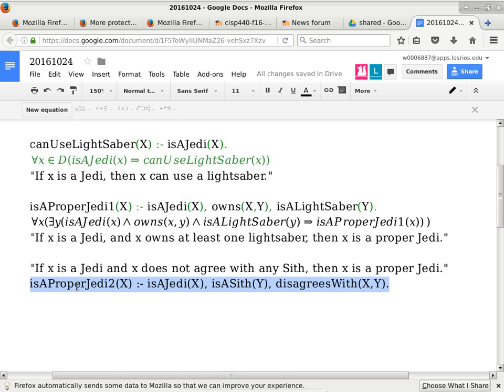What about the rest of the Siths? Oh, they can agree, not a problem. If you at least find one Sith that this particular Jedi disagrees with, that would make this Jedi a proper Jedi. But that's not what I want to express. I want to say that if a Jedi does not agree with any Sith, or disagrees with all the Siths, then that Jedi is a proper Jedi.